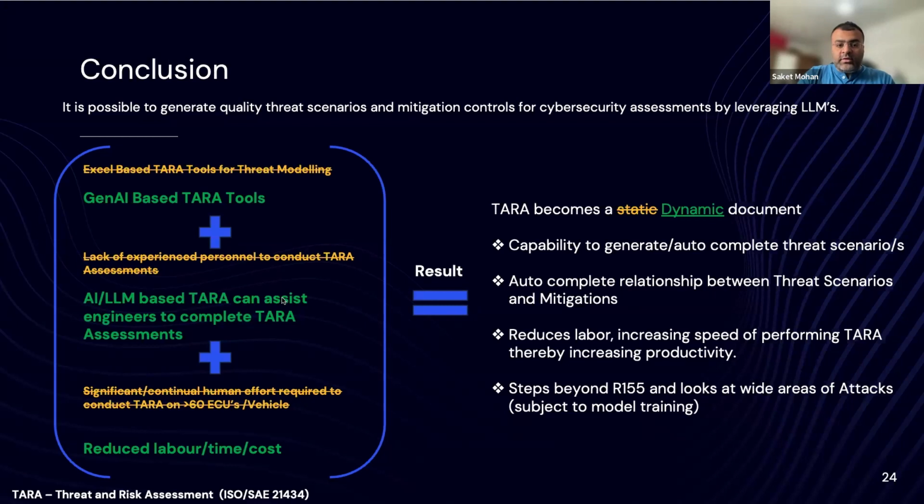It can also offer you assistance in mapping the relationship between threat scenarios and mitigations, and of course, has significant potential impact on business productivity overall, and takes it one step beyond 155, because we are looking at a wide area of attack surfaces, a wide area of threats, and a wide area of assets, something which is not part of 155 as it is just a baseline.